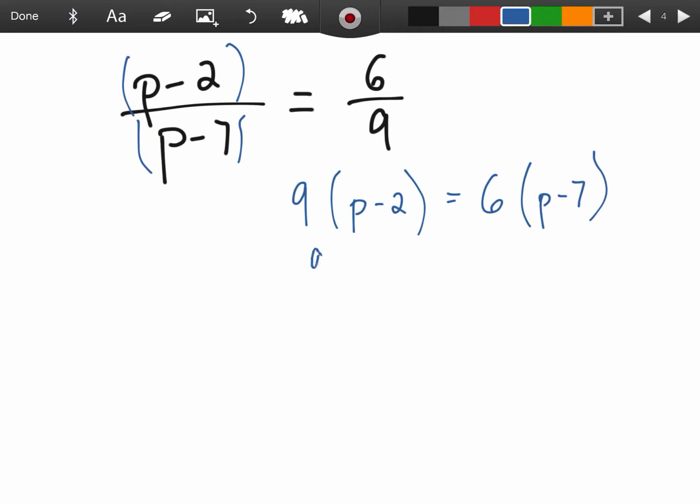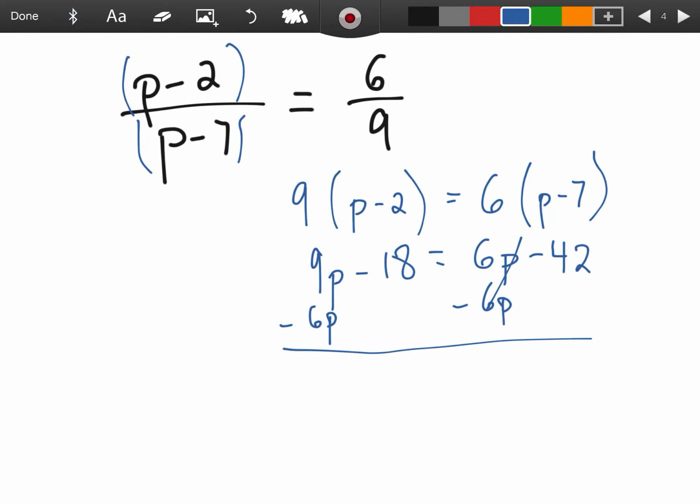So then I'll distribute. I get 9p minus 18 is equal to 6p minus 42. All right, well, I want to get my p's to one side, so I'll subtract 6p, subtract 6p. That gets rid of the p's on the right side.